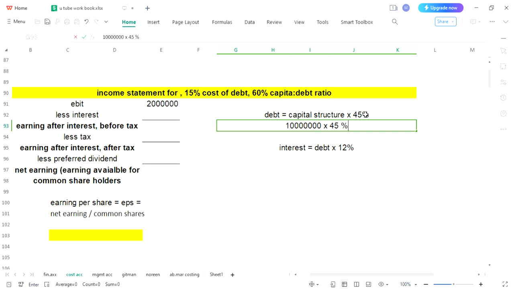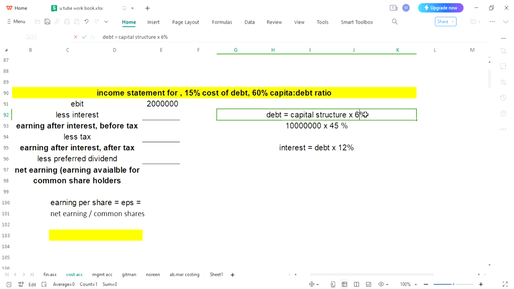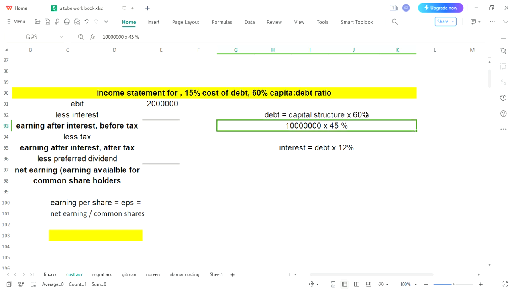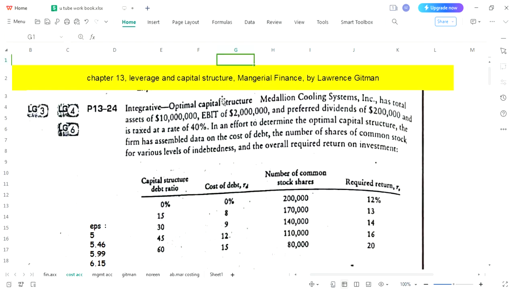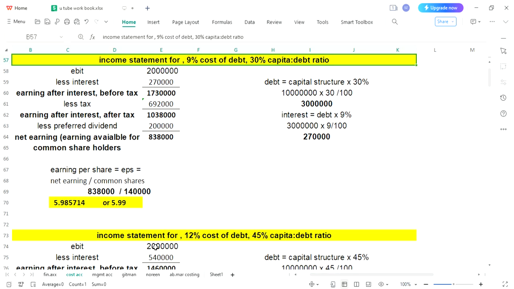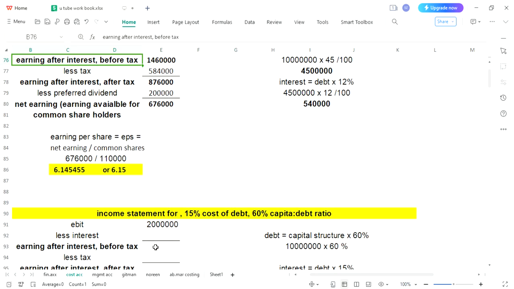No, this percentage was changed from 45 to 60%, and here you will change it 60%, and interest or cost of debt is also needed to be changed, which is now 15% for fifth point. Okay, cost of debt was 15%. How we have taken it? For last entry, cost of debt is 15% and capital structure is 60. Cost debt ratio is 60%. So that is why you have taken 60 and 15%.